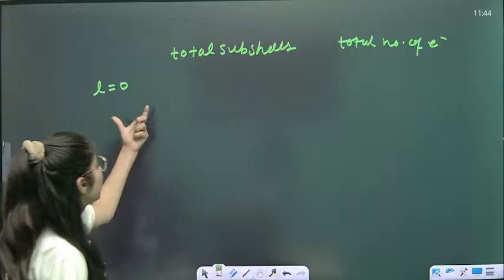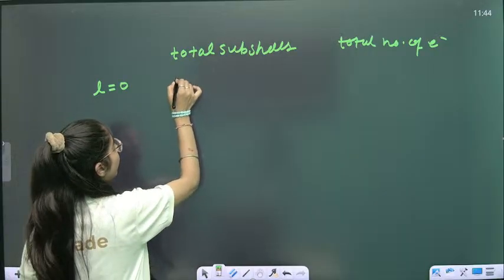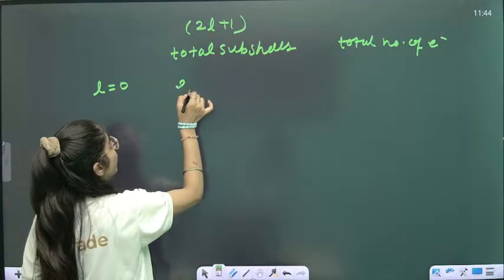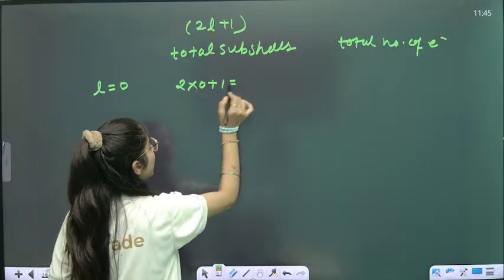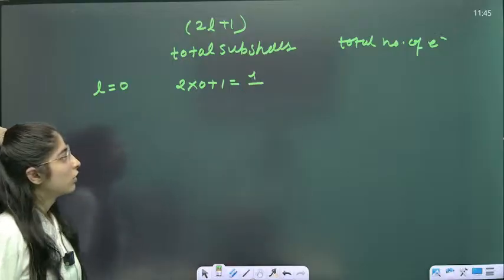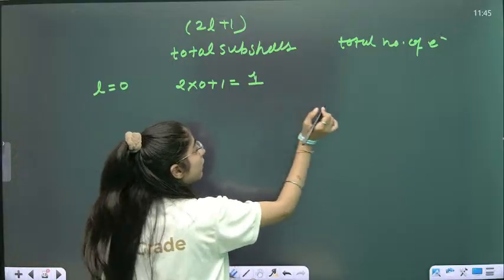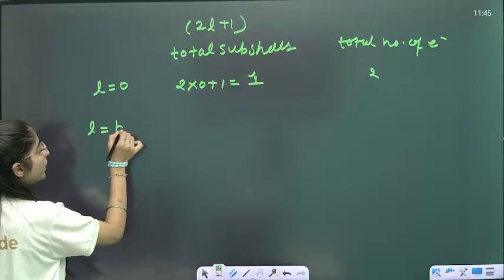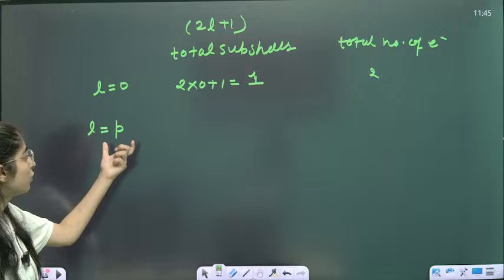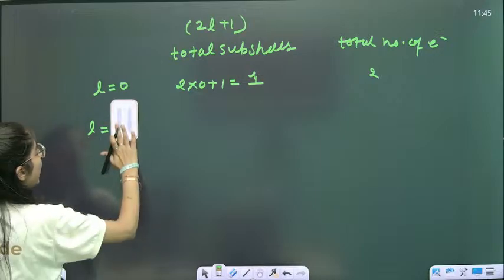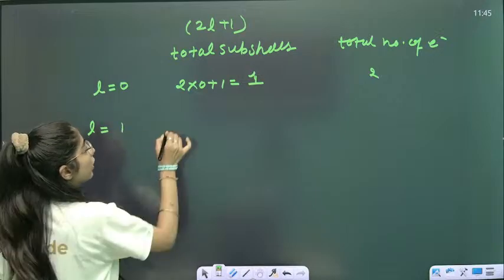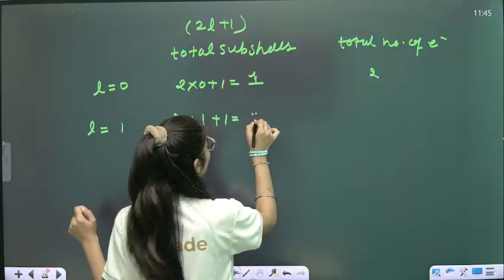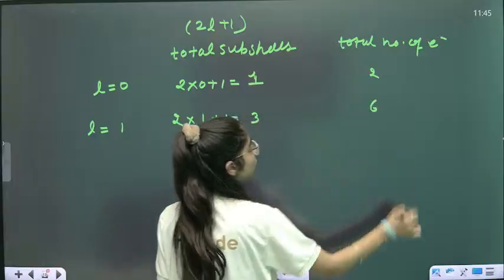Let's say l is 0, then you all know the formula will be 2l plus 1, so 2 into 0 plus 1, that is equal to 1. So the number of electrons will be 2. If l is equal to 1, 2 into 1 plus 1, that is equal to 3. So the number of electrons will be 6.